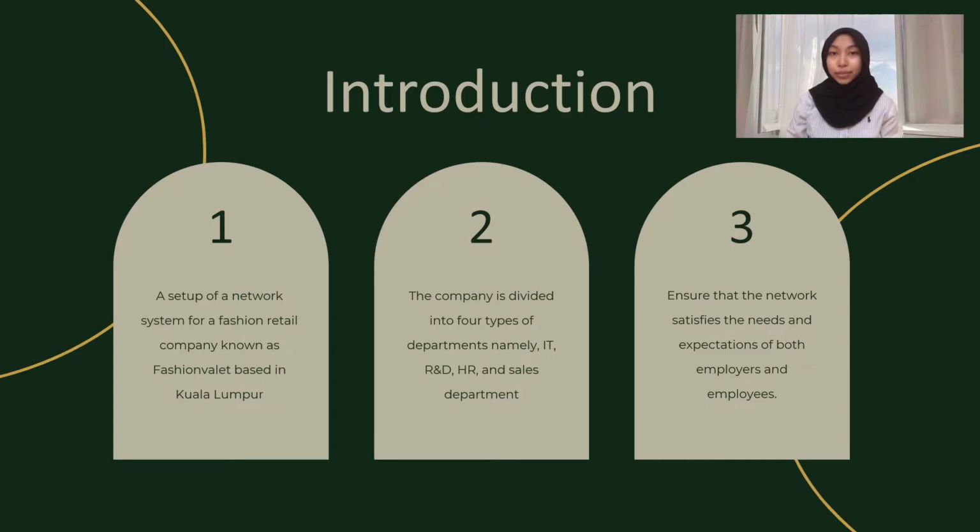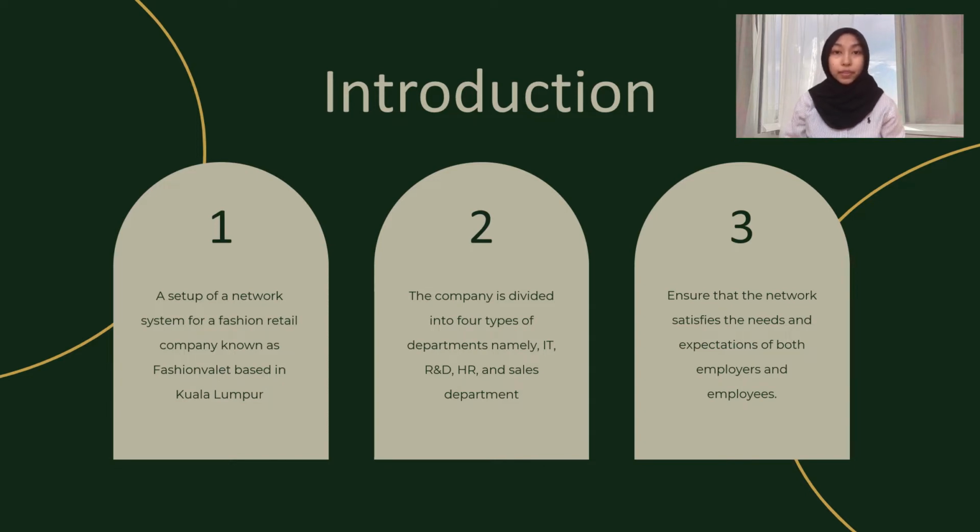Before we continue, allow me to give an overview regarding our group project. So basically, our project is a setup of a network system for a newly established fashion retail company named FASHIONVALET. The company is divided into 4 different types of departments, which are IT, R&D, HR, and Sales Department. All of the departments are located within the same building.